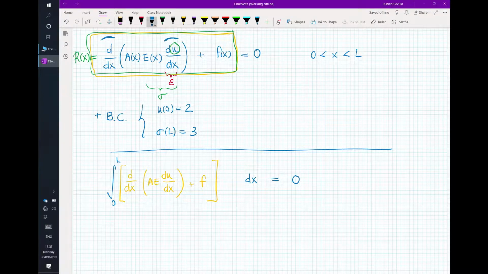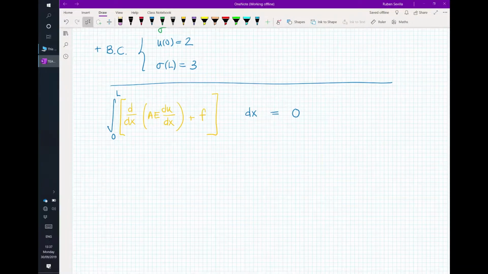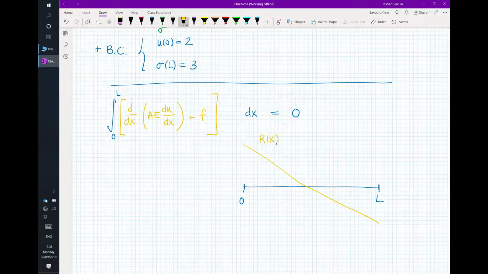Okay, but then, in a picture, if you like, what I'm saying is that I am happy to satisfy the residual zero on average. So let's try something like this. Are you happy with this kind of residual?